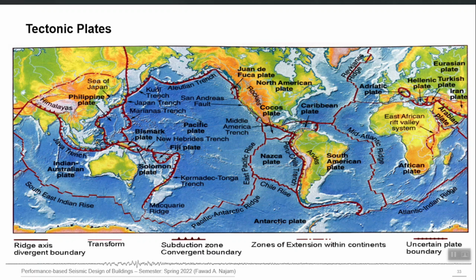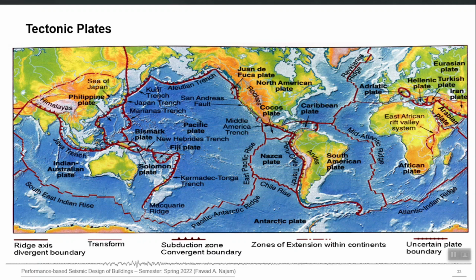Most of the divergent plate boundaries are under the sea, right? So we cannot directly observe the phenomenon. And many of the convergent plate boundaries are in land areas, in continents, where they make mountainous ranges or subduction zones, for example. And there can be a transform plate boundary, where the two pieces of land are sliding past each other.